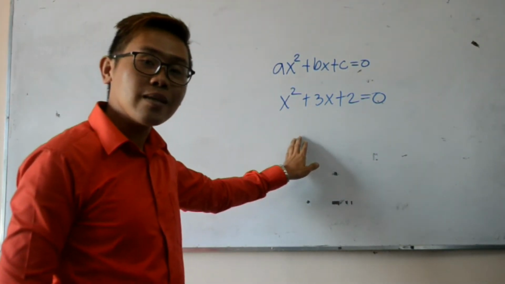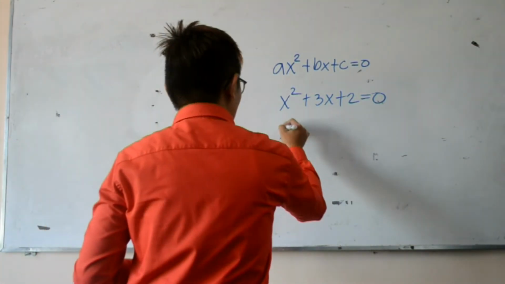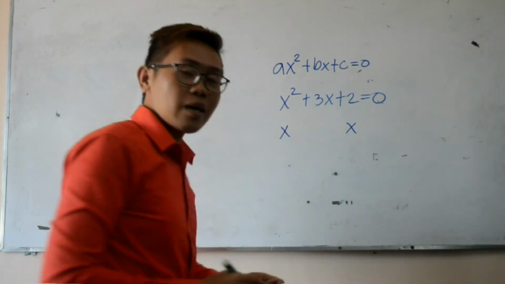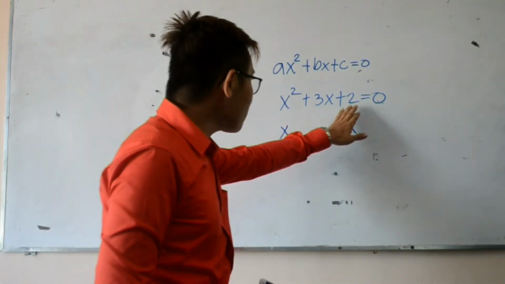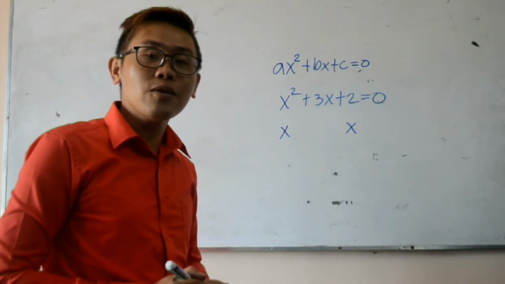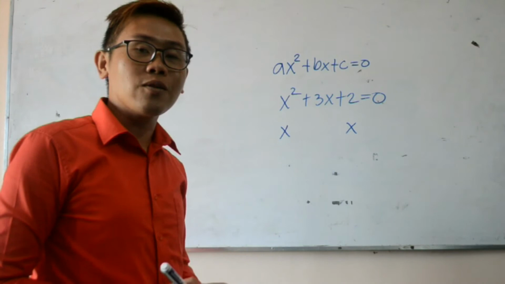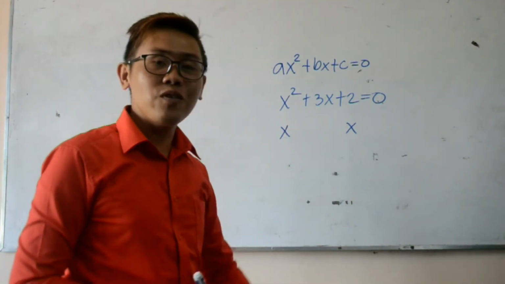In this case, the factors of the first term are x times x. Now, to find the factors of the third term, you are going to consider that the sum of your factors will be the middle term.